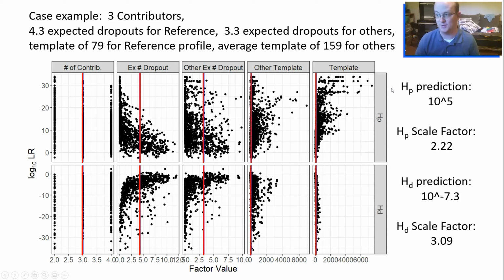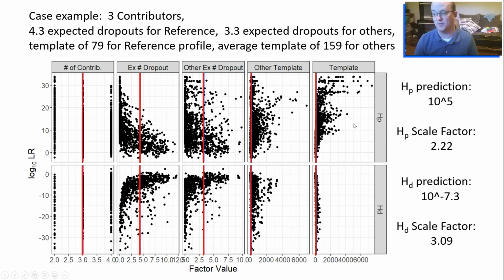So if this were a true contributor, according to the HP true model, when you put in the values corresponding to these red lines indicating the factors for the currently considered case, and the black dots represent the validation data available to you, it suggests under the HP model that we'd expect to see on average an LR of about 100,000.